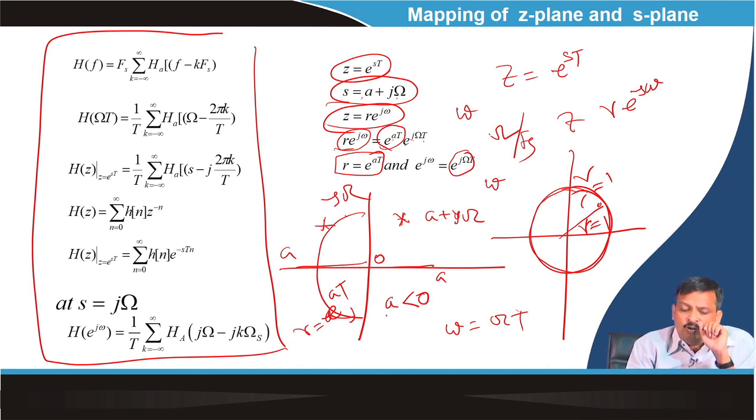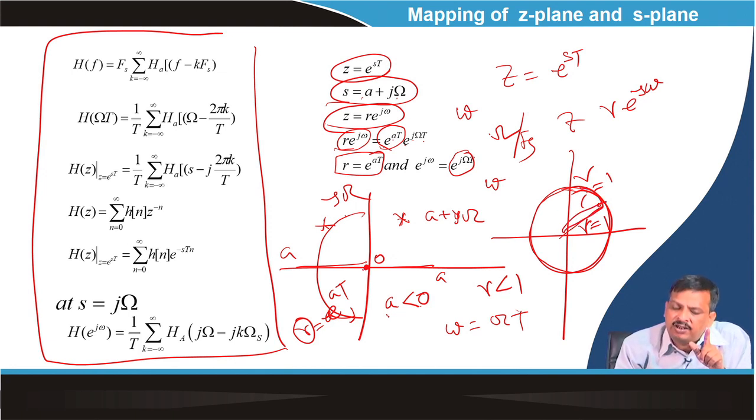If the value of A is less than 0, then R can be within 1. So, R is less than 1. At A equal to 0, R equal to 1. So, A equal to 0 means at origin that R equal to 1, S plane origin is nothing but Z plane unit circle.